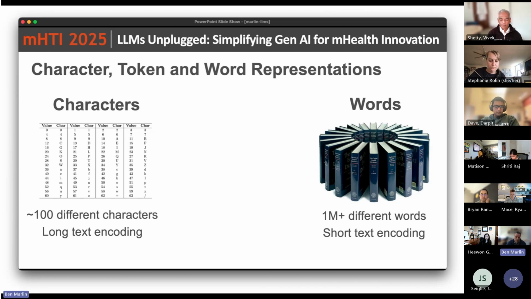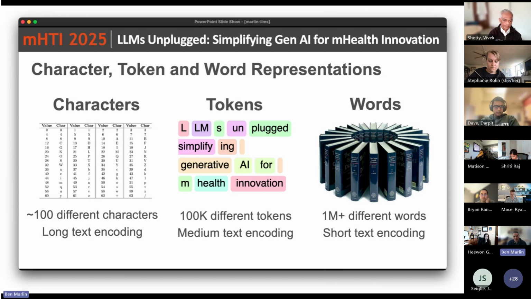So language models, in particular LLMs, use a notion called tokens as the fundamental representation for the text data. A token is in between a word level representation and a character level representation. Different models use different tokenizations. They break up the words in different ways.